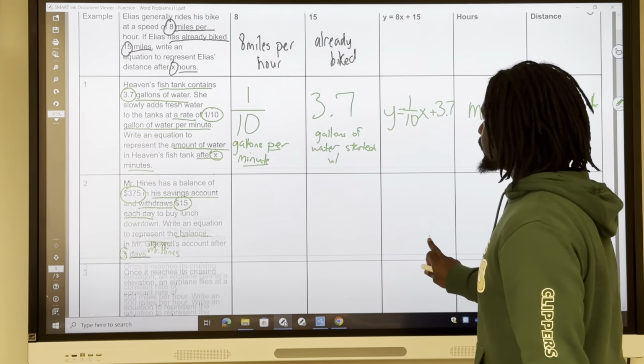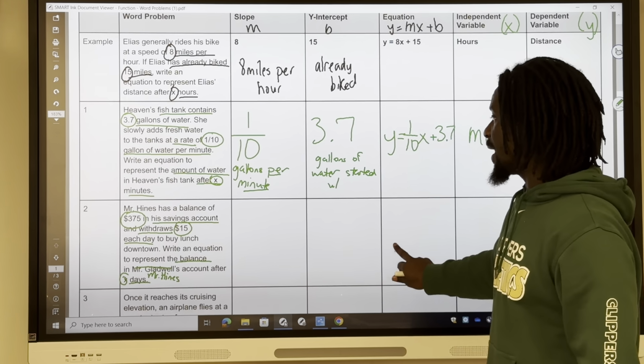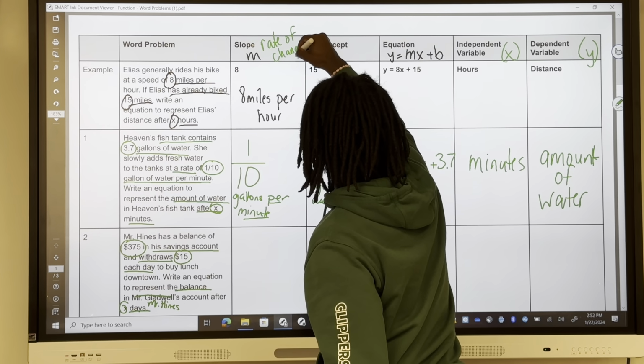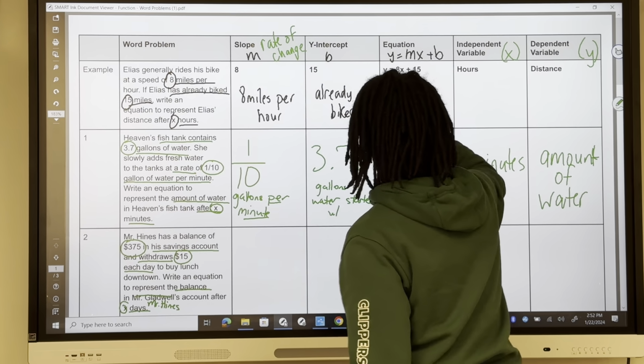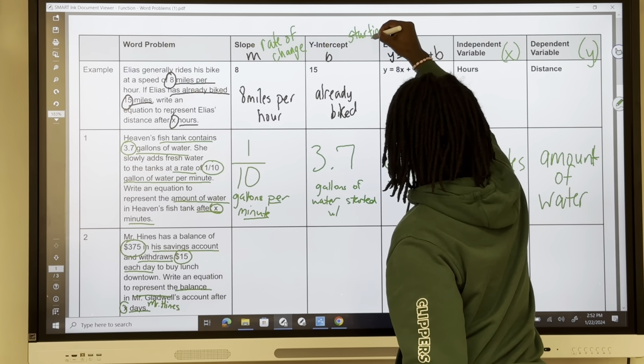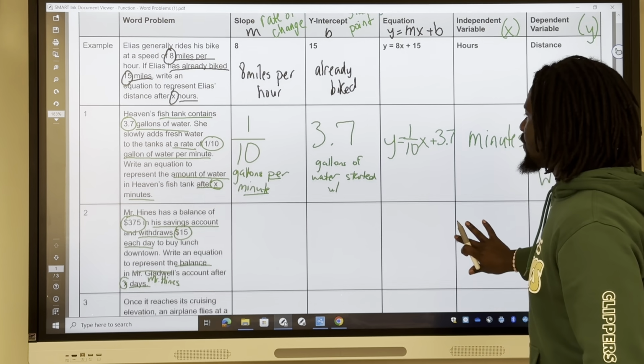So let's see. We're trying to find our slope, okay? And again, the slope is the rate of change. It's really important that you understand it is how much it is changing. And we'll just say this is kind of the starting point to help us understand the difference, okay?